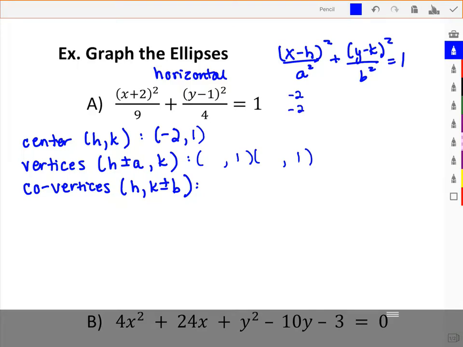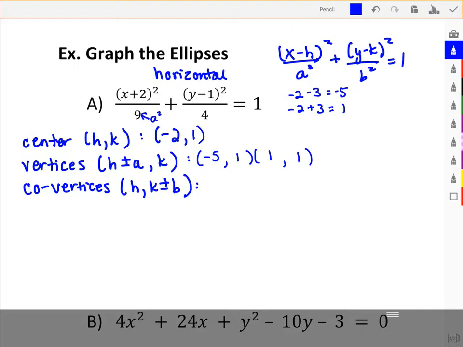A, if you'll remember, the 9 here is a squared, so the square root of 9 is 3. We're going to subtract 3 and add 3 to our -2. That's our h minus a and h plus a. So that's a -5 and a +1. Our vertices would be at (-5, 1) and (1, 1).